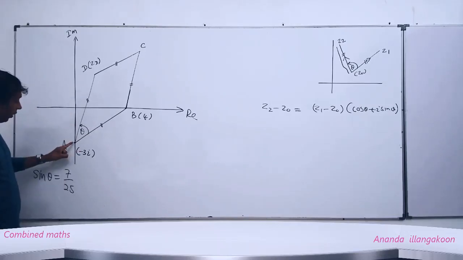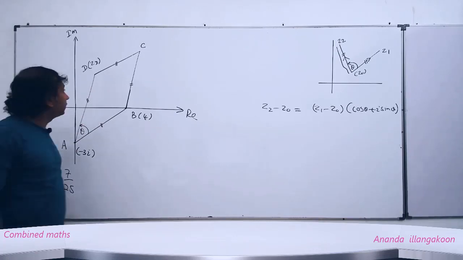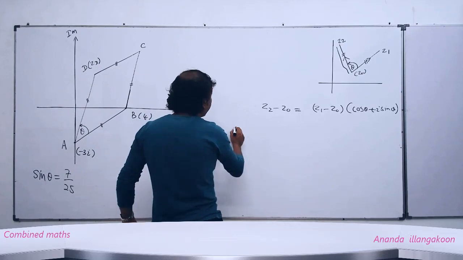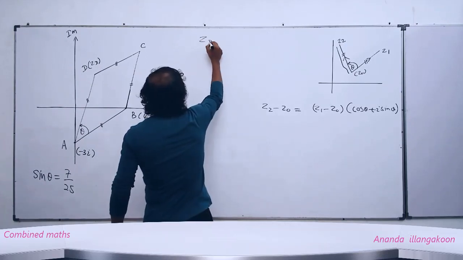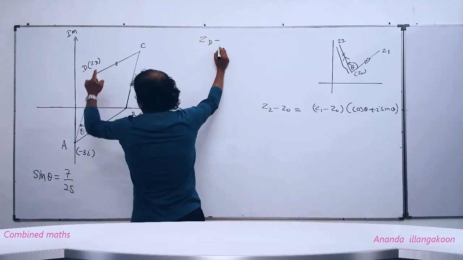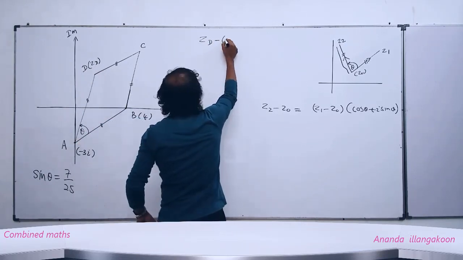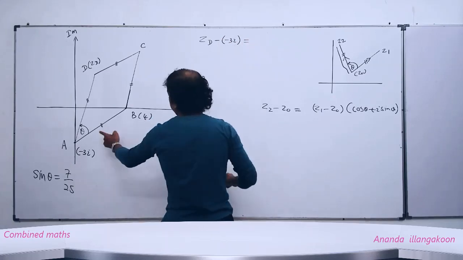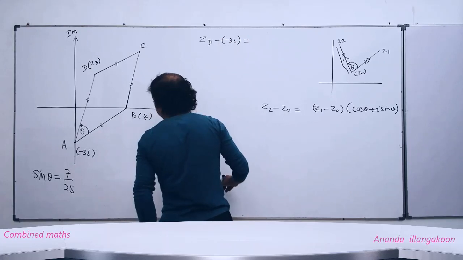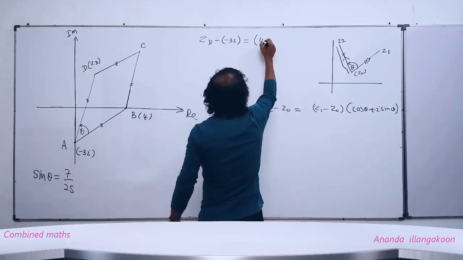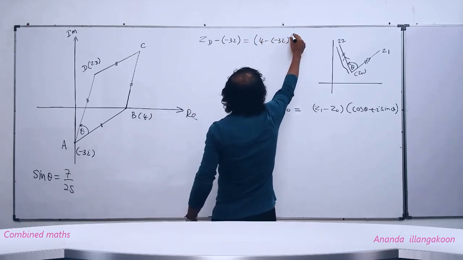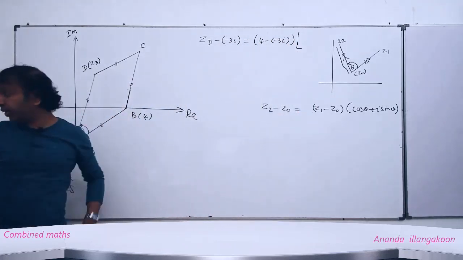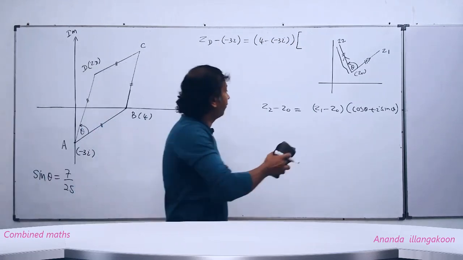Then the complex number given by this line AD is the complex number at D minus the complex number at A. What is that? It is ZD minus, here, complex minus 3i, equals this complex 4 minus 3i, times cos theta plus i sin theta.